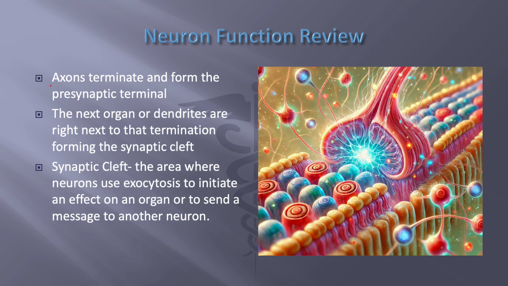Alright, so when axons terminate, they form the presynaptic terminal. Okay, so the next organ or dendrites are right next to the termination, forming that common thing that you guys have heard of, the synaptic cleft. So that synaptic cleft is where we're going to have neurons using exocytosis to initiate an effect on an organ or to send a message to another neuron.